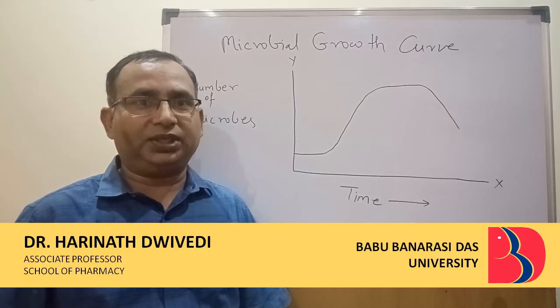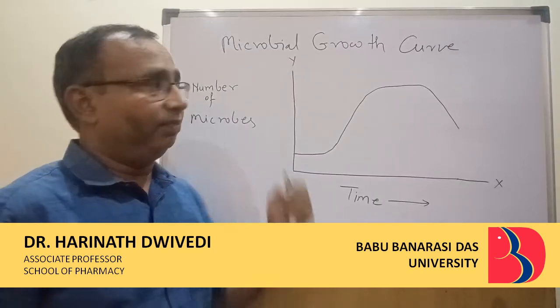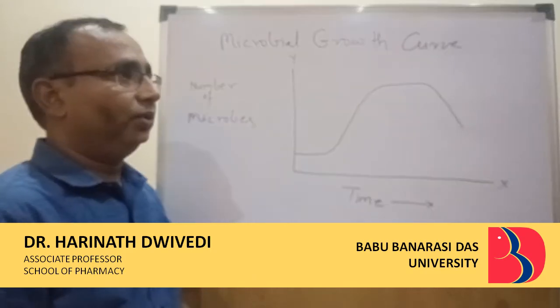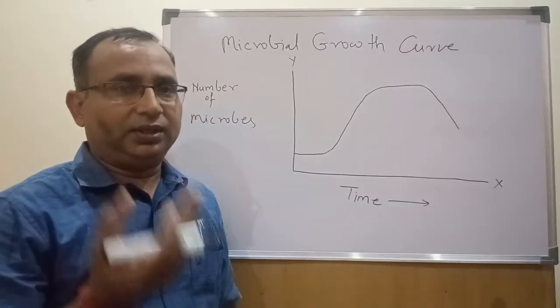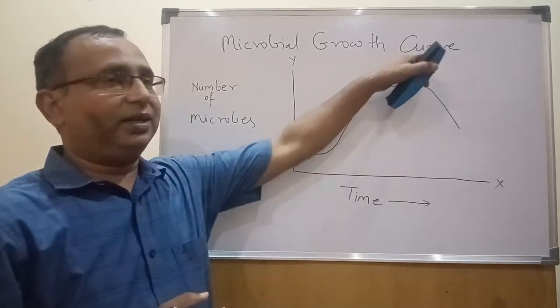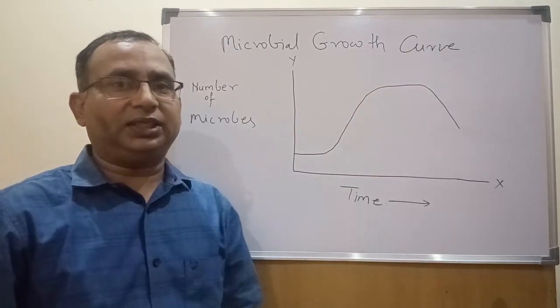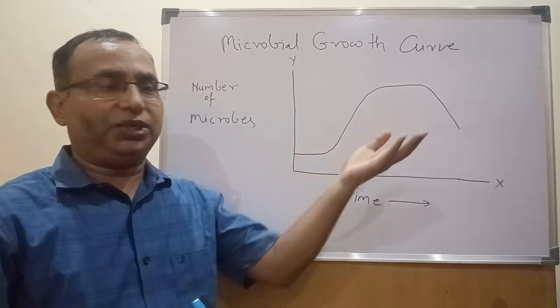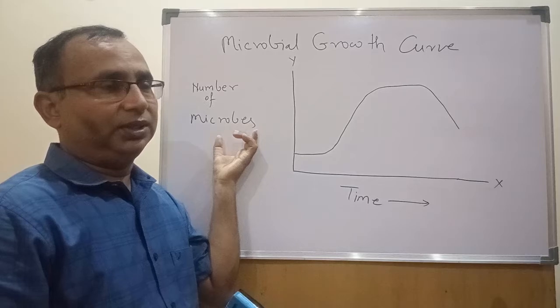Today we are here to discuss something about the microbial growth curve. Microbial means related to microorganisms. Growth means increase in population or alteration in population, and curve is a graph which shows the relationship between two parameters, that is time and number of microbes.